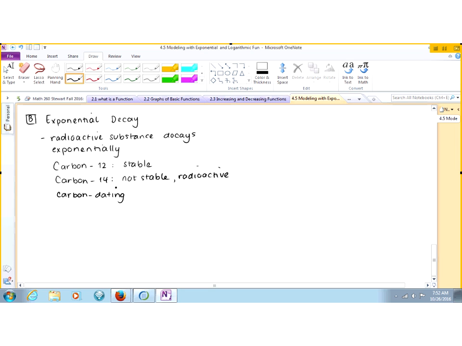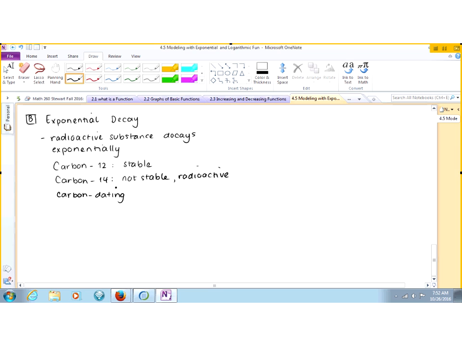Oh, I'm dating carbon. Is that where they take a sample and test how old it is from being under the ground? There you go. So what you do while you're dating the carbon is basically identify the age of a fossil based on the content of its carbon.